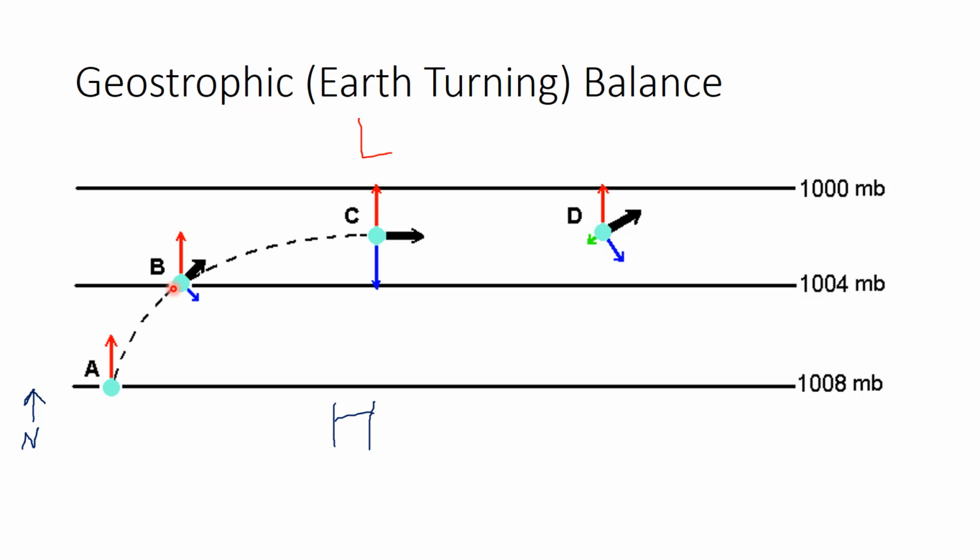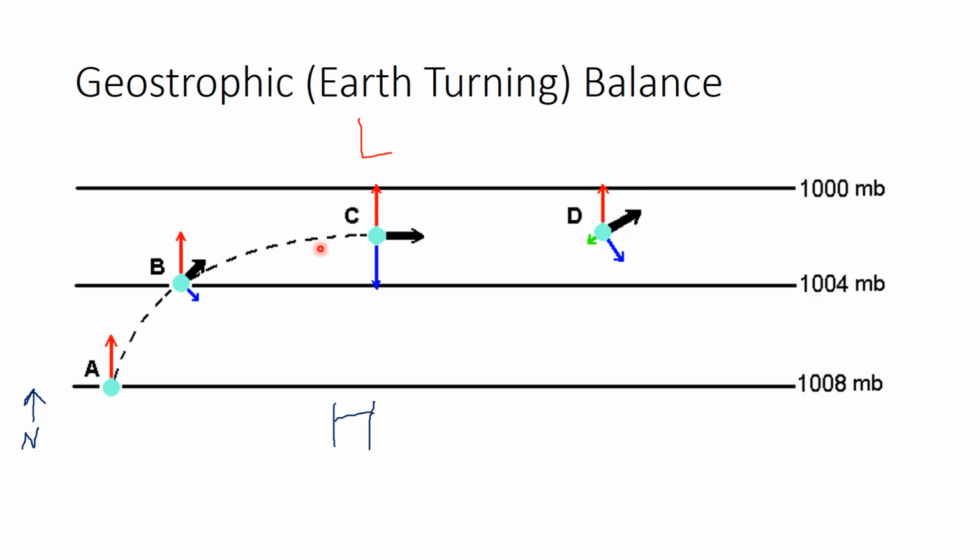As the wind continues to turn to the right, it will reach a situation where the pressure gradient force is tugging it in one direction, and the Coriolis force is tugging it in the exact opposite direction. And the two cancel each other out. That's the idea of geostrophic balance. The pressure gradient force and the Coriolis force have now canceled each other out.